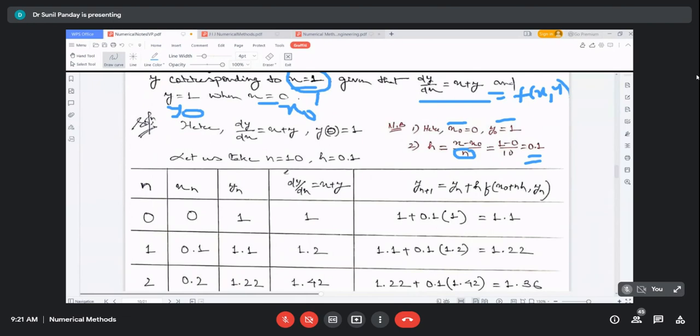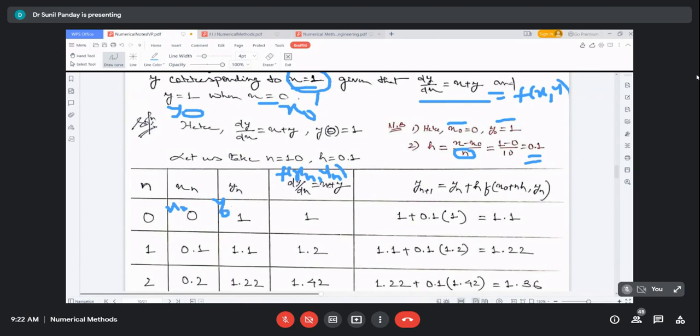Now this is our f(x, y). Initially, when n equals 0, we know x0 is 0, and y0 is also given, it is 1.